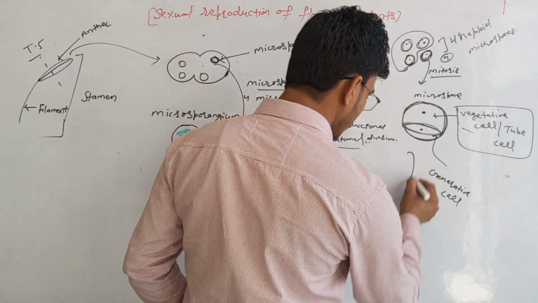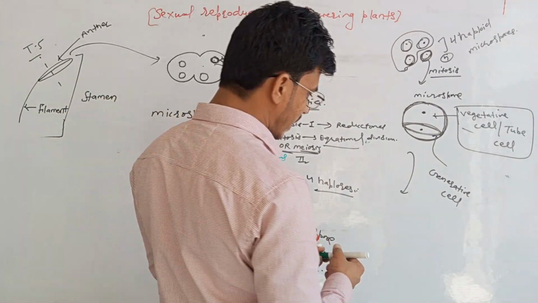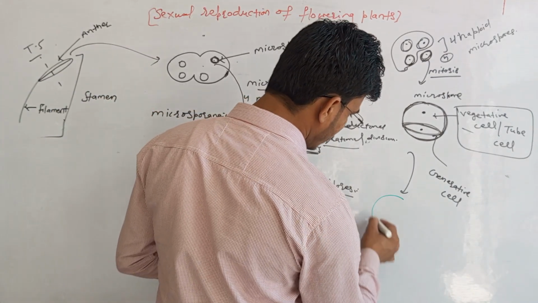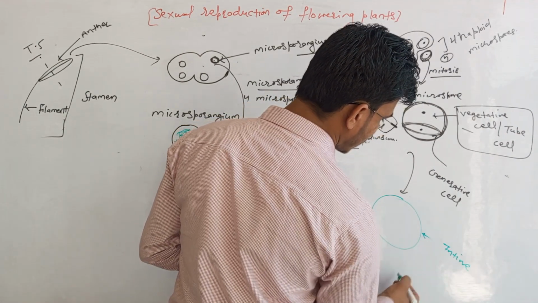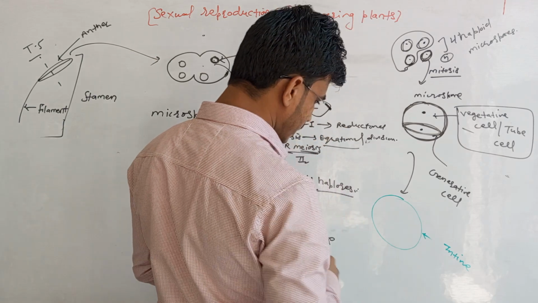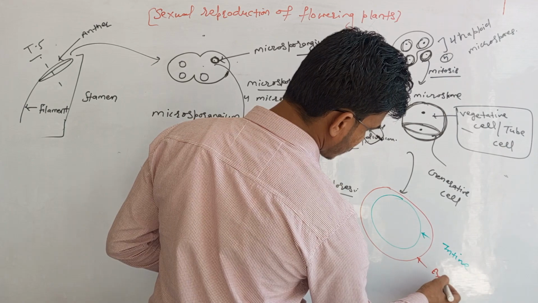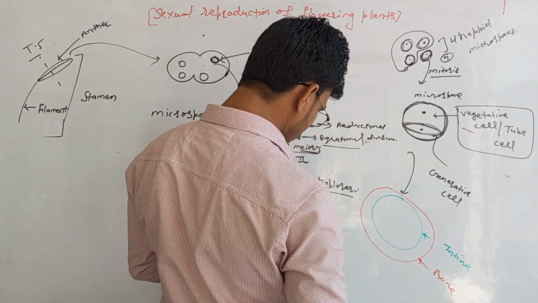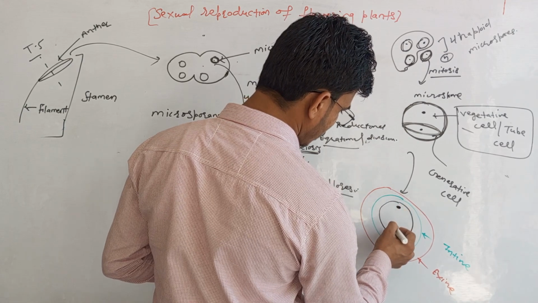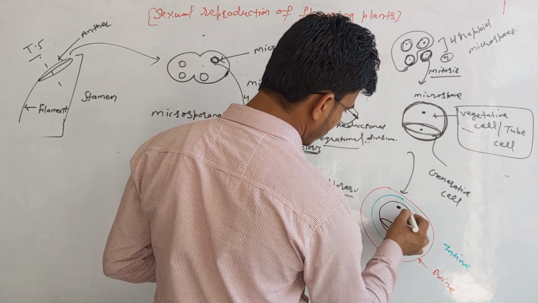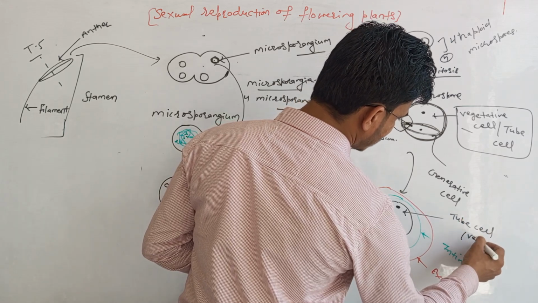After that, this complete pollen grain is surrounded by 2 layers. One is the intine, the inner layer, and the outer one is the exine. And here is the two cell stage: one is the generative cell and the other is the tube cell or vegetative cell.